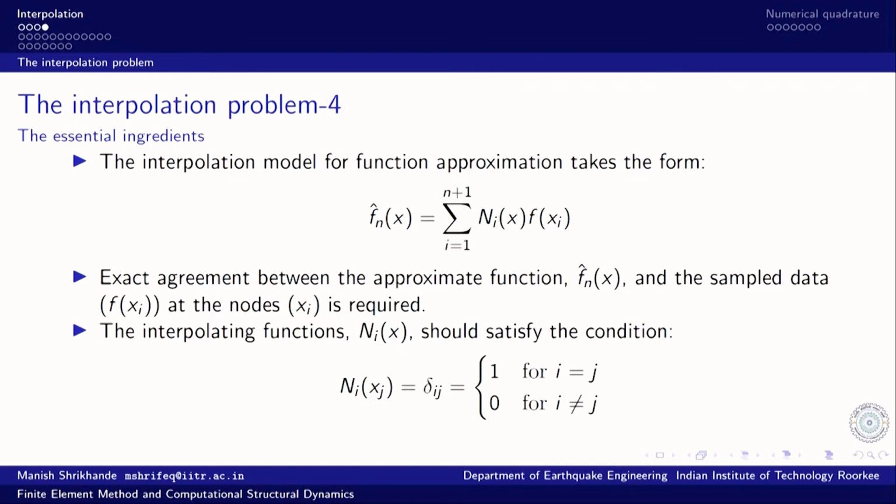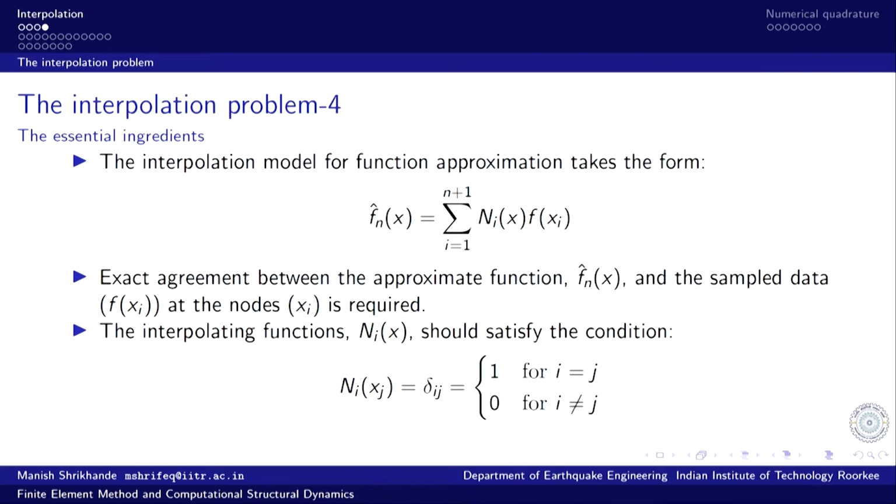The Kronecker delta takes the value of unity only when i and j coincide, and if i and j are distinct indices, then the value is 0. So, for example, N 1 at x 1 is going to be 1, N 1 at x 2 is going to be 0, and similarly N 2 at x 1 is going to be 0, and N 2 at x 2 is going to be 1.